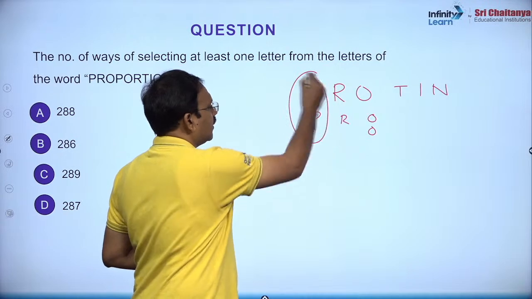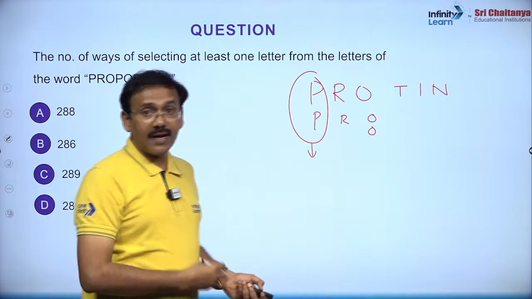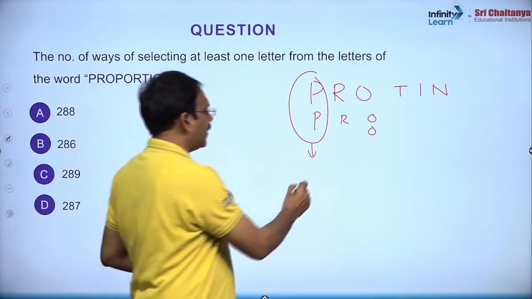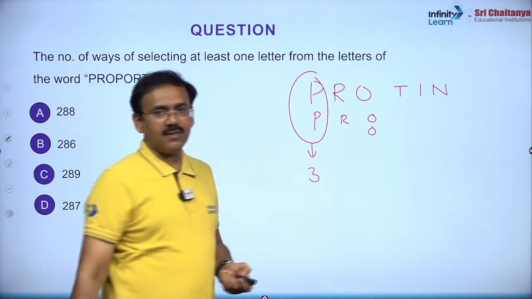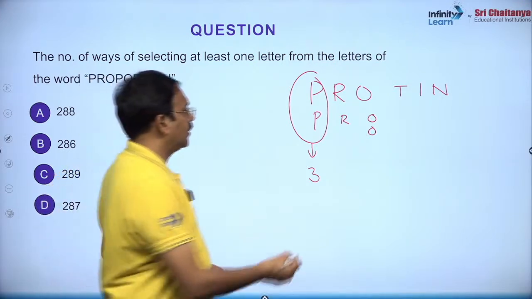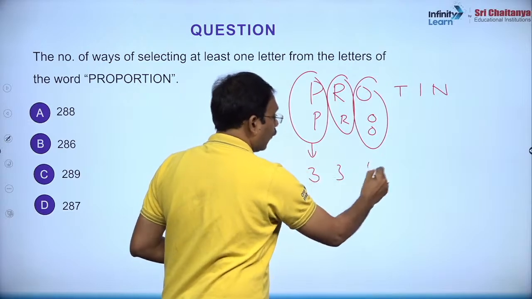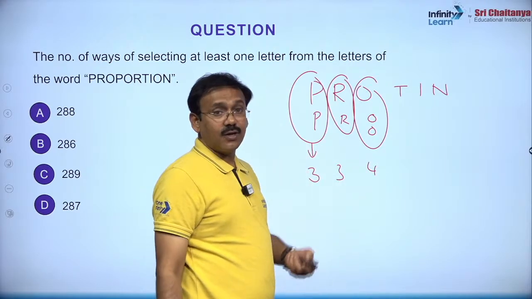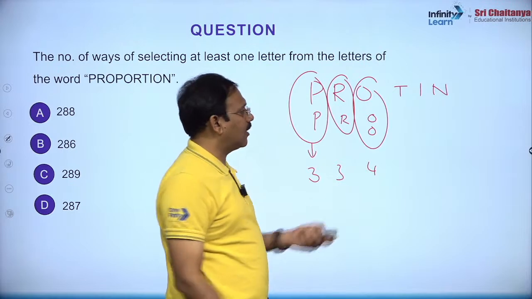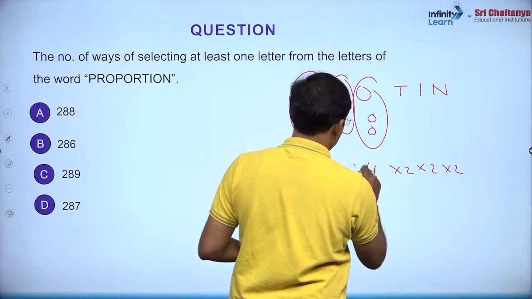There are 2 P's. P's can be selected in how many ways? You can write 3 ways, my dear friends. Because you can take 1 P or 2 P's or no P. R's also 3 ways. O's 4 ways because they are identical. You can take 1 or 2 or 3 or none. T 2 ways, I 2 ways, N 2 ways.